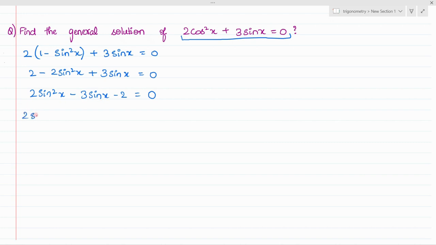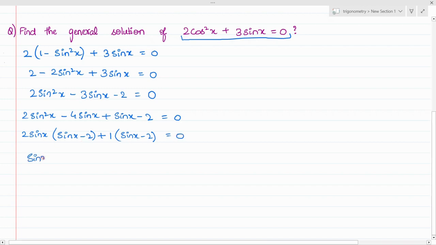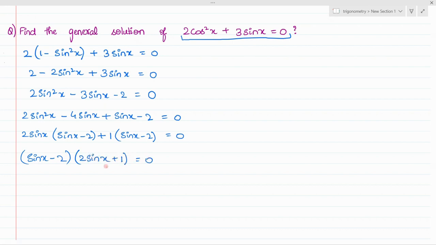So it becomes 2 sine square x minus 4 sine x plus sine x minus 2. I hope you all know how to factorize, right? Take 2 sine x common from here. Inside it will be left with sine x minus 2. Similarly, take 1 common, sine x minus 2. Now from these two, take sine x minus 2 common. And inside it's 2 sine x plus 1 is equal to 0.